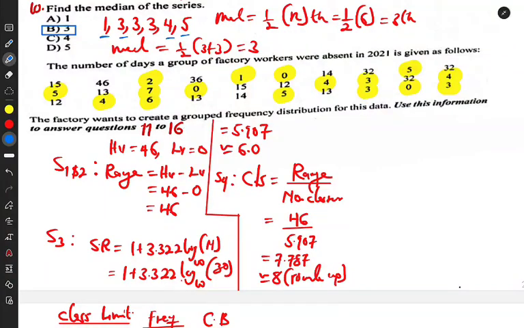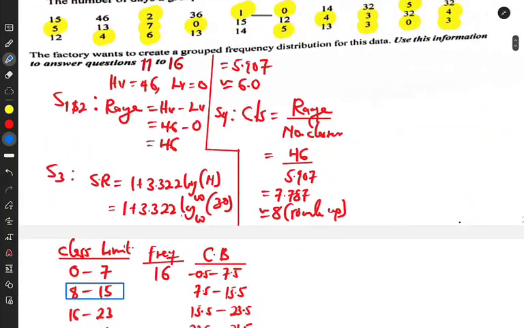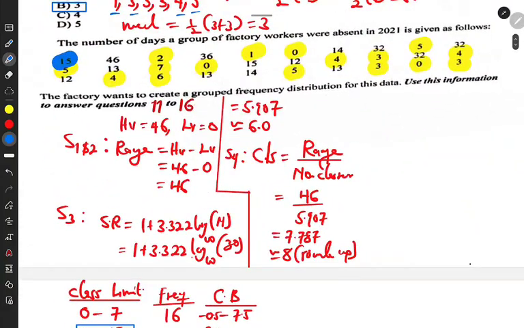The same row by row approach. For 8 to 15, we'll have 15 coming up here. Then 14. Then 13. Then 15 here. We'll have 12, then another 12 here. We'll have 13, 14, 13. I think that is all.